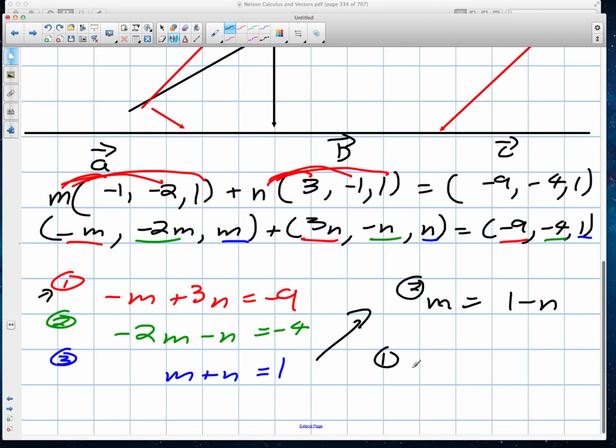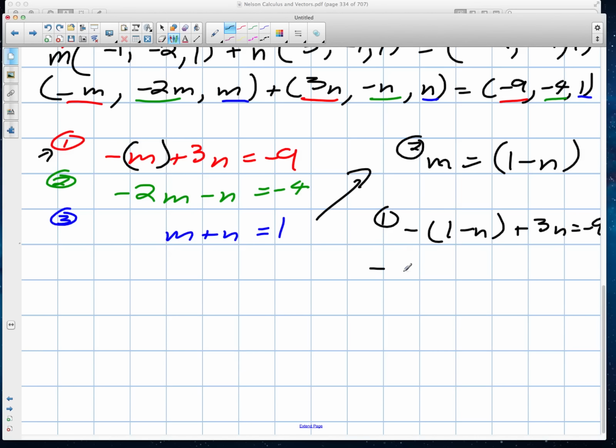Equation 1 states -m, so I put a negative sign outside of what m used to be: -(1 - n) + 3n equals -9. This becomes -1 + n + 3n is equal to -9. That gives us 4n is equal to -8. n equals -2.